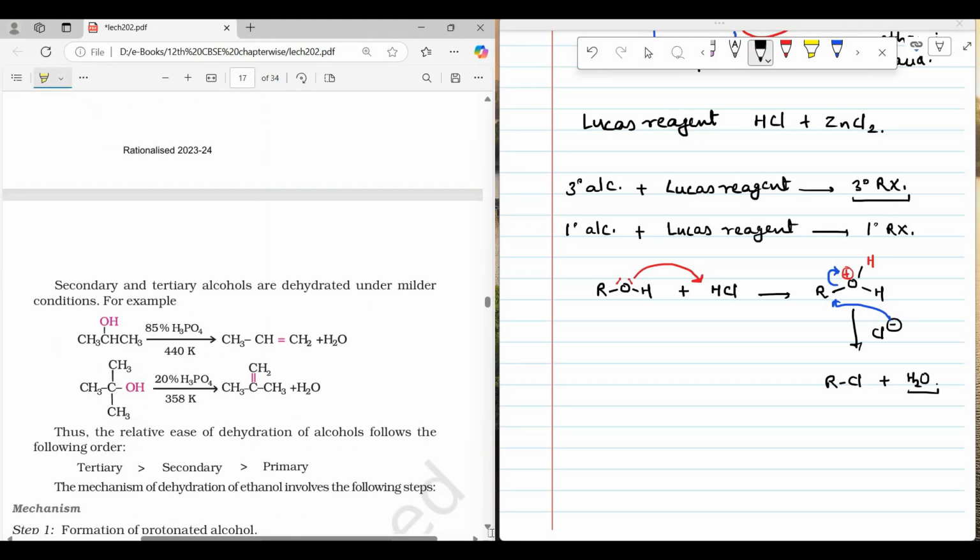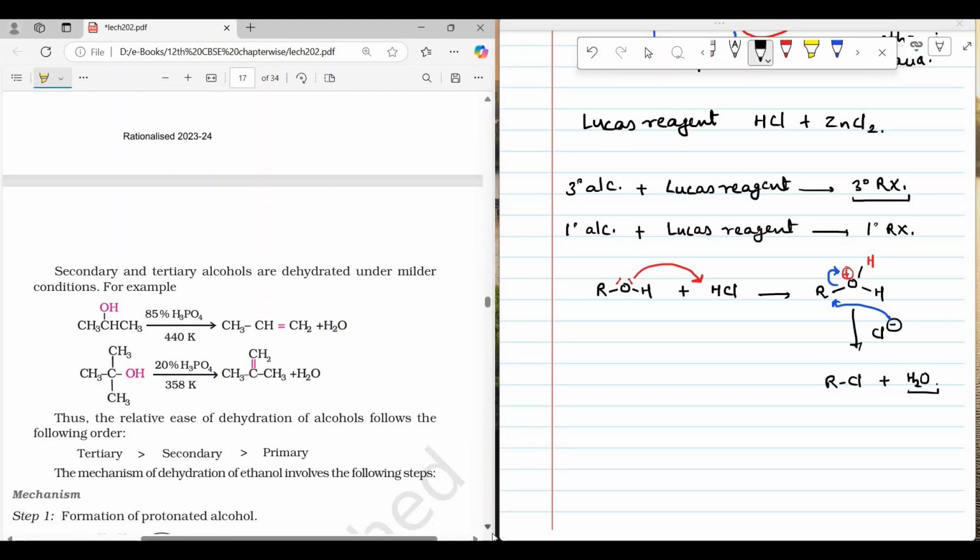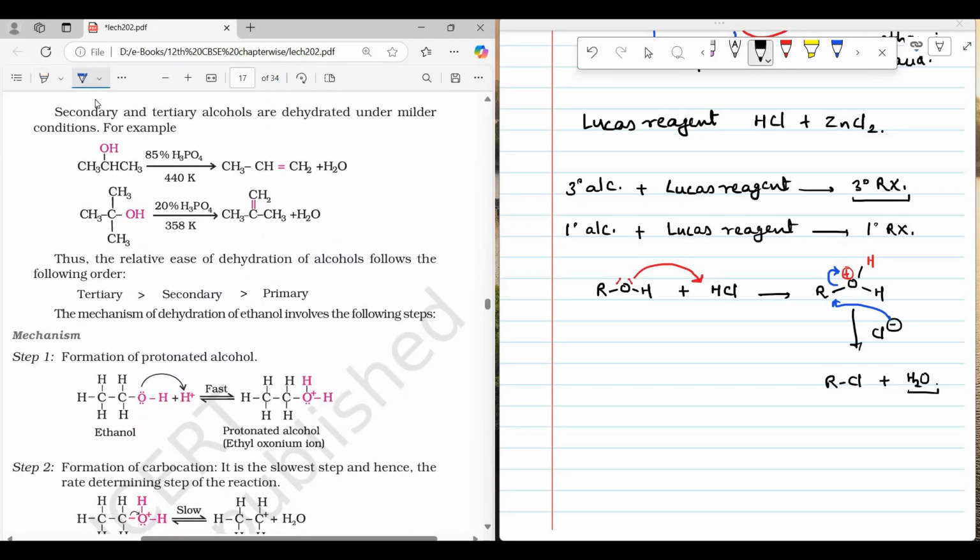While secondary and tertiary alcohols are dehydrated under milder conditions. The OH group is bonded to the center carbon and the center carbon is bonded to two other alkyl groups. So that's why this alcohol is secondary alcohol. This secondary alcohol undergoes dehydration at 440 Kelvin temperature with 85% phosphoric acid.